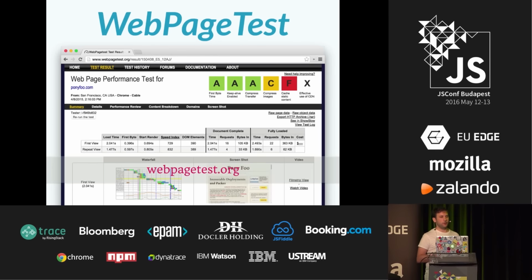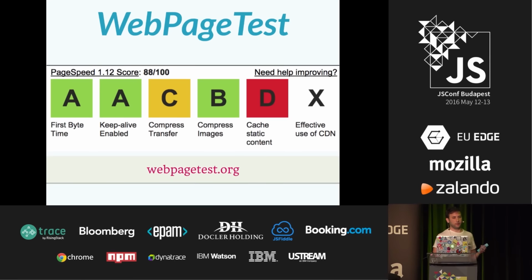For example, it gives you the load time in seconds, the time to first byte, the time to page load, page complete, and all these different points in the life cycle of your page. And it also gives you rough scores, like in PageSpeed, using grades for time to first byte, keep alive, compress transfer, caching, whether you're using a CDN or not, whether you're compressing images, things like that.